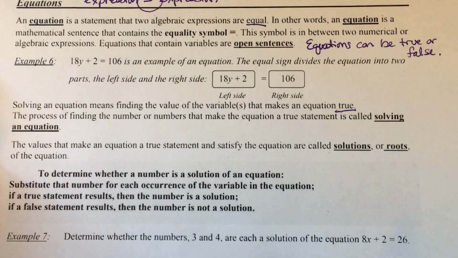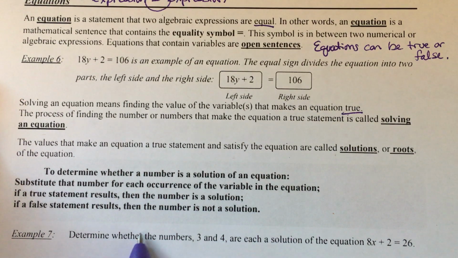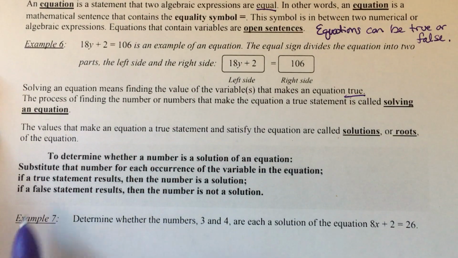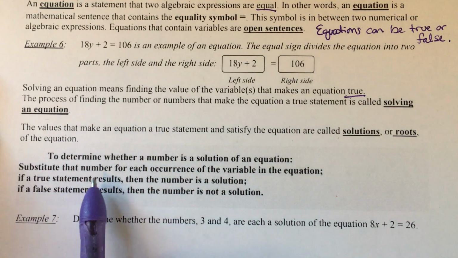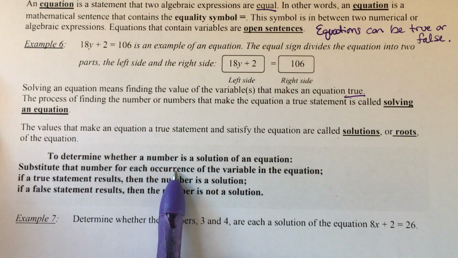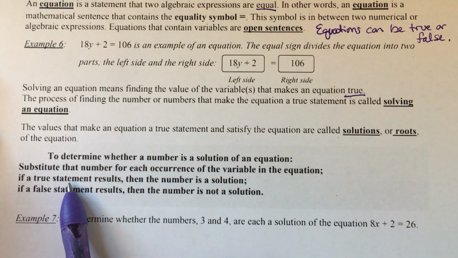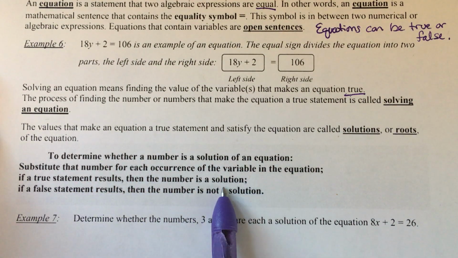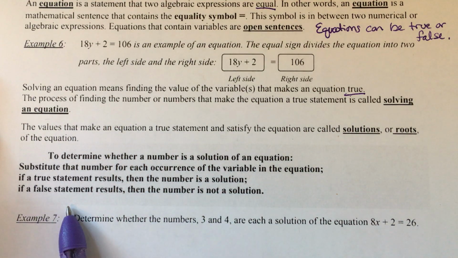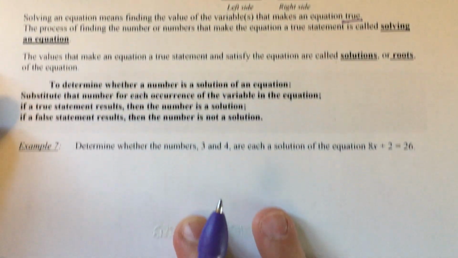All right, so let's try an example. We have some steps here, if that helps you have them laid out. We're going to substitute a number for every occurrence of the variable. And then if what we end up with is true, then the number is a solution. And if we end up with a statement that's false, then the number is not a solution.